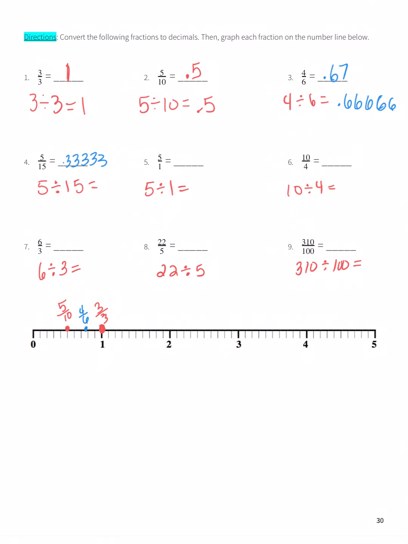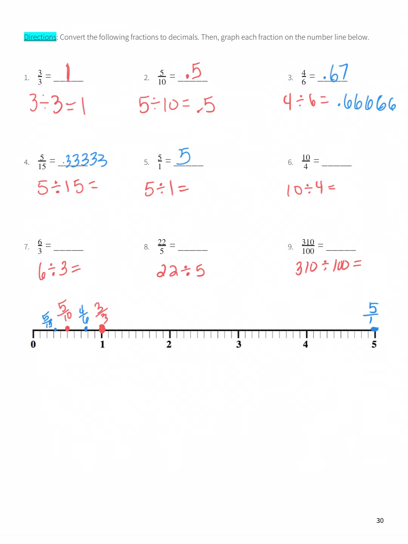So it should have been about right there, and that was 5/15. All right, now we go to this one. We have 5 over 1. 5 divided by 1 is 5. That would be right here on the number line, 5.